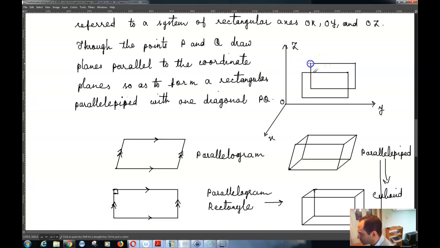And of course, as you can see, this face up here and this face down here are parallel to the XY plane. These 2 faces are parallel to the XZ plane, and the face on the back and the face on the front are parallel to the YZ plane. So that's basically what we wanted to do.